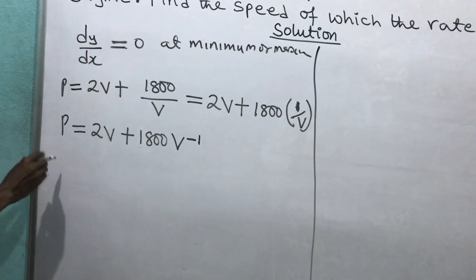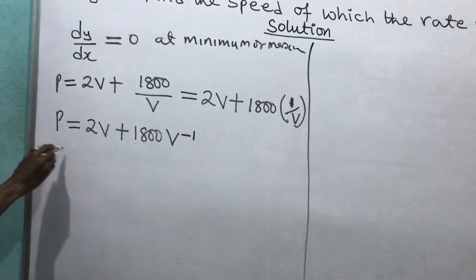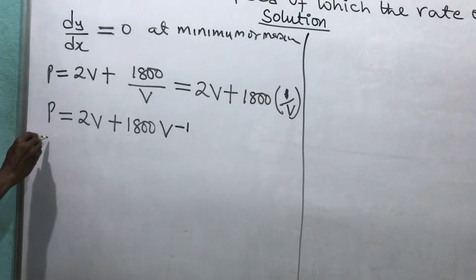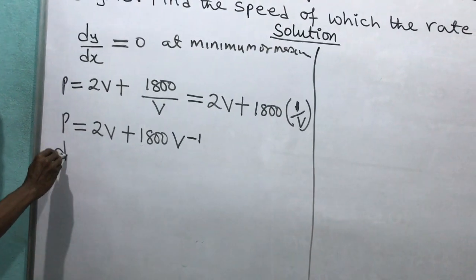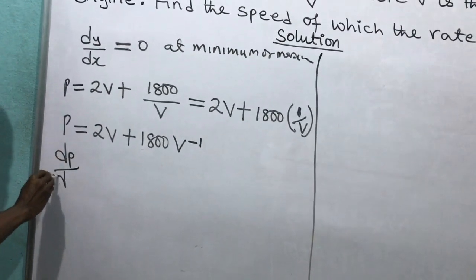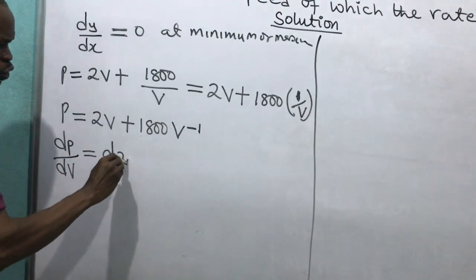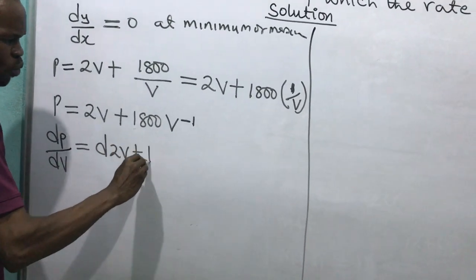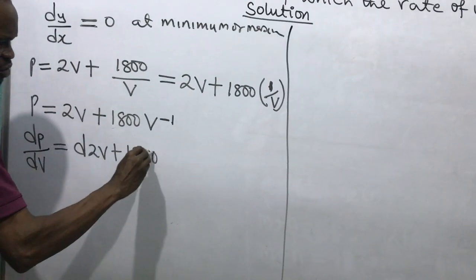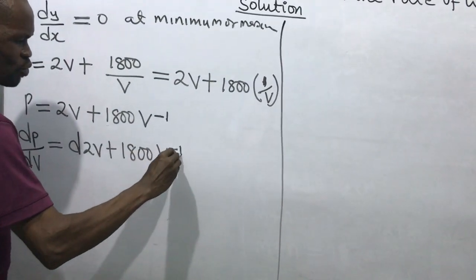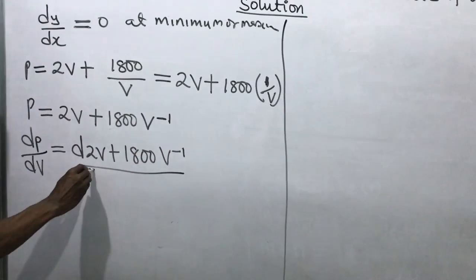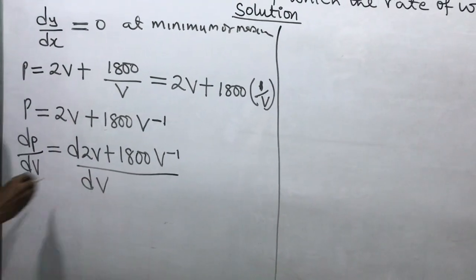Then now, I'm going to differentiate P with respect to velocity, speed. I will now say dP/dV is equal to d(2V plus 1800 V to the power minus 1) over dV.